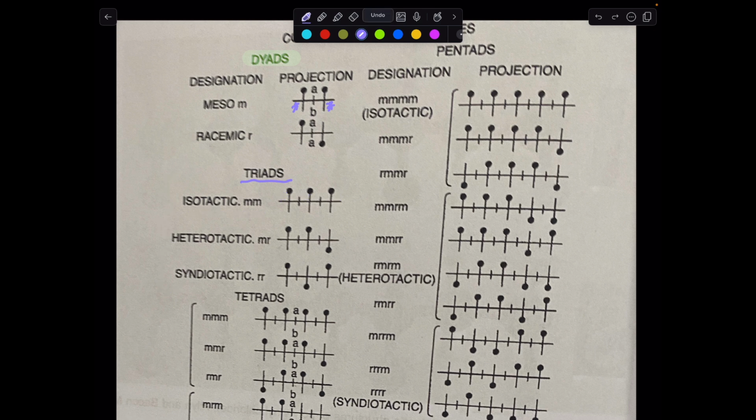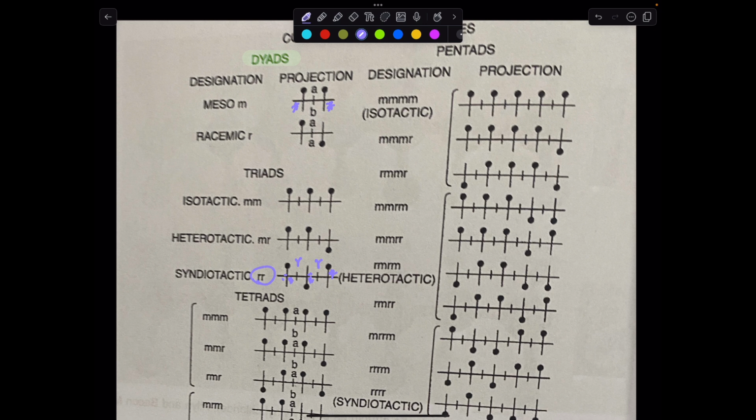If the pseudochiral centers are randomly arranged with respect to each other, they are called heterotactic, and here we see that these two pseudochiral centers are meso with respect to each other, and these two are racemic with each other, so it's called MR. If the pseudochiral centers are alternating and opposite to each other, then they are syndiotactic and represented as RR, because these two pseudochiral centers are racemic with each other, and so are these two.